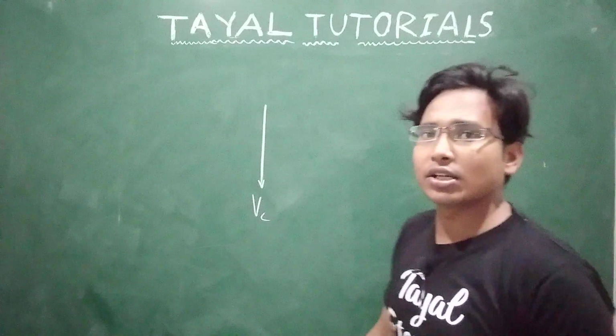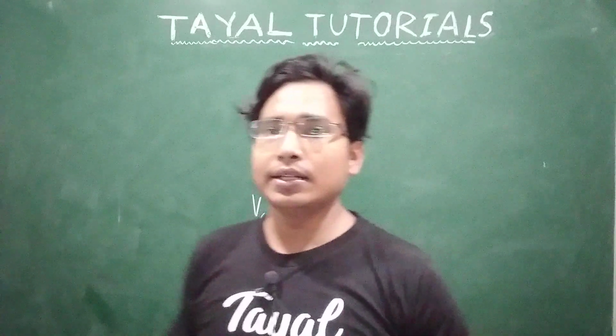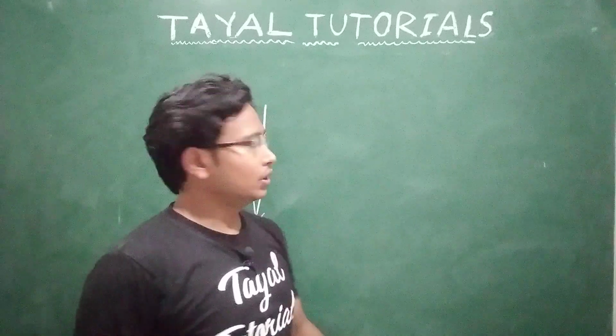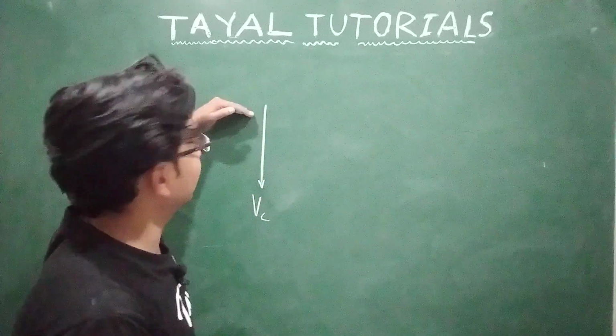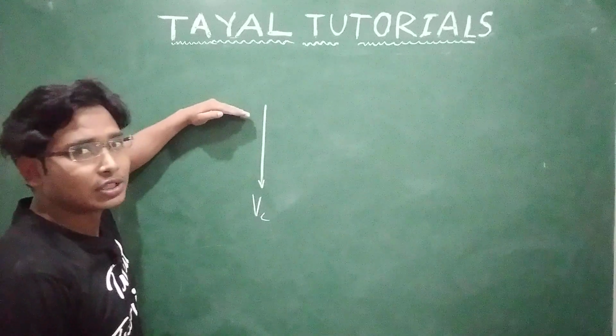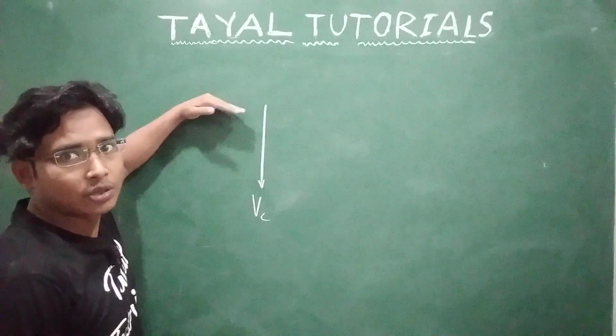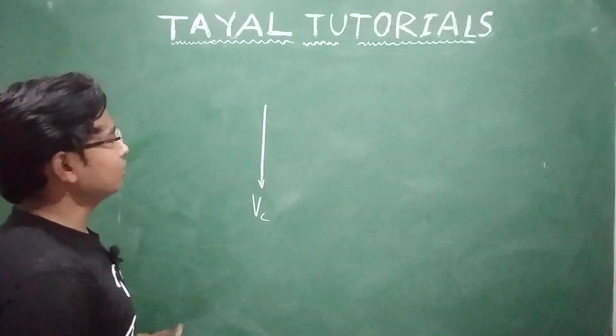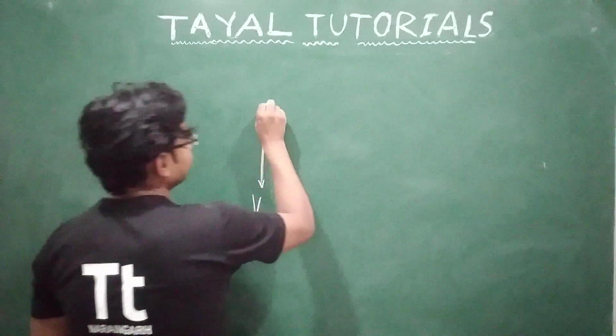Lead means what? It is the anti-clockwise direction. To represent that anti-clockwise direction, this IC will not be here, because when IC is here, it lags the voltage by 90 degrees. So this option is wrong. I have to draw that IC over here.